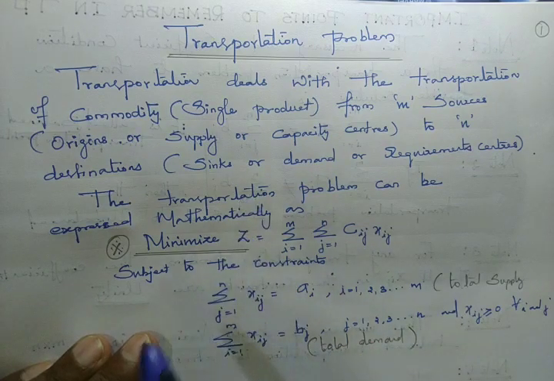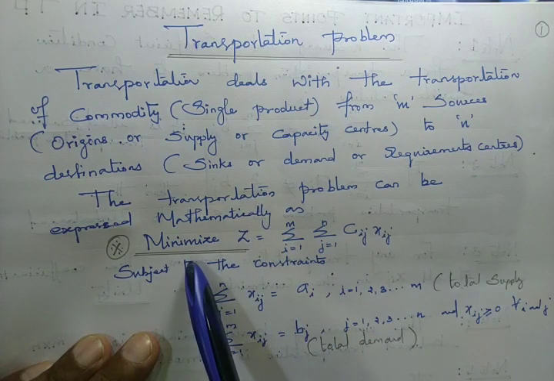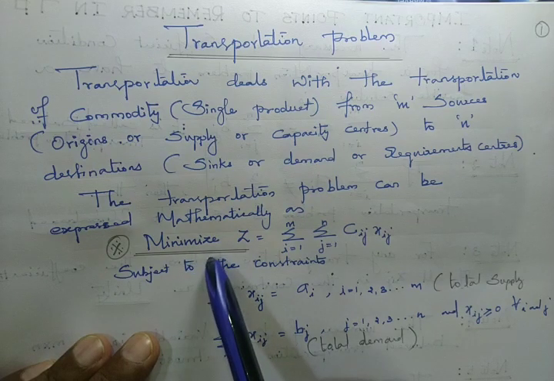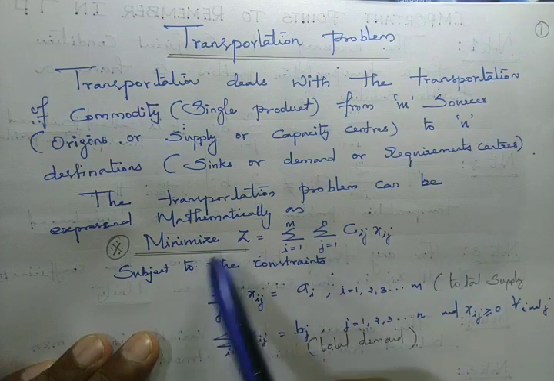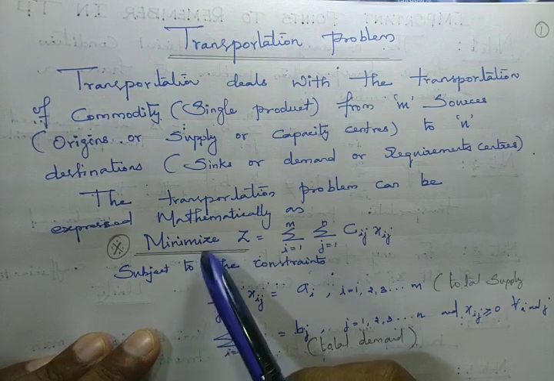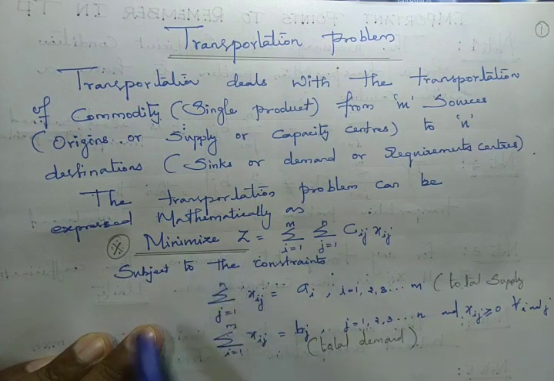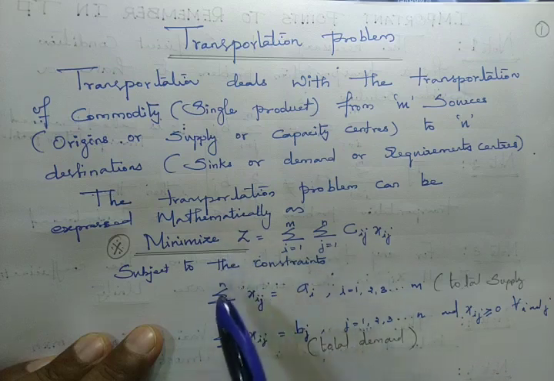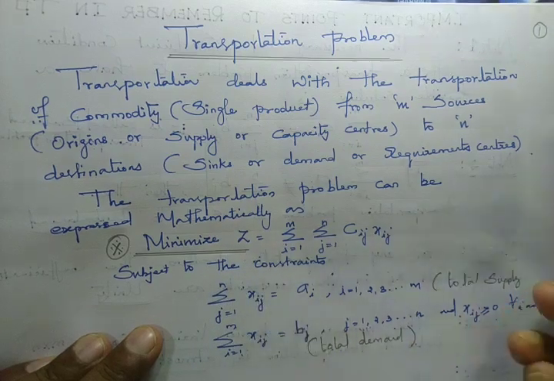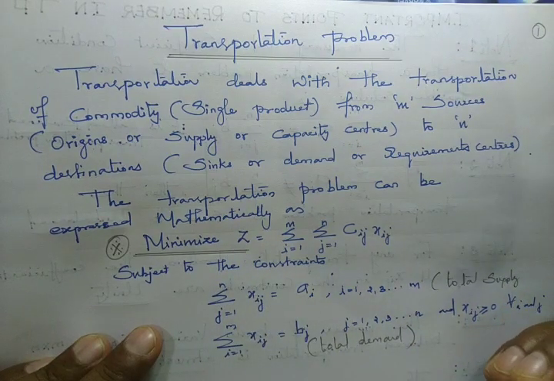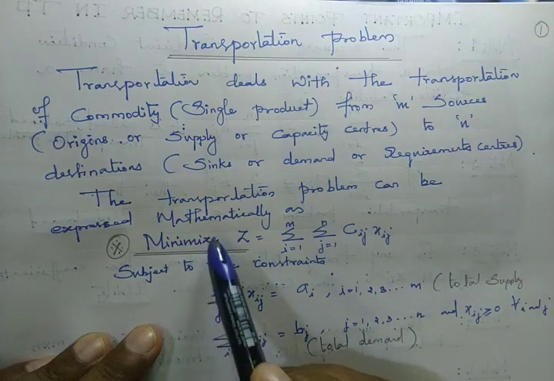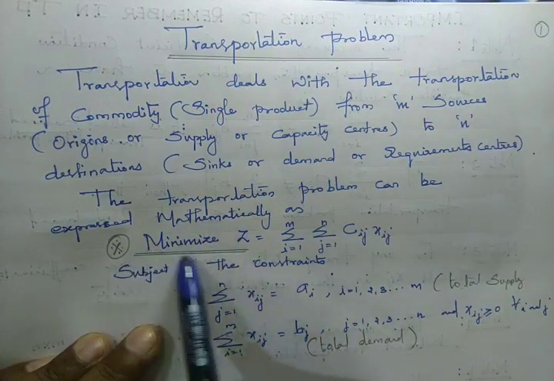Here the main objective of the transportation problem is always minimize. It is very important because in TRB, old PG TRB questions and also CSSC, a question came. What is the objective of the transportation problem: optimize, minimize, maximize, or none of these? Be very careful, this is a very important one.